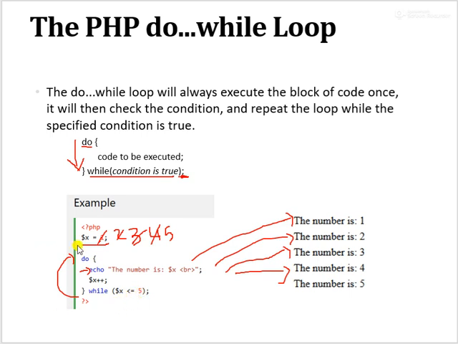It will again go back and loop, the number is x, x is now 5, 5 will display on the screen, x plus plus will change x to 6. 6 is less than or equals to 5, no, false. So then this statement will not execute and we will finish over here. So how many times did this loop execute? 5 times.